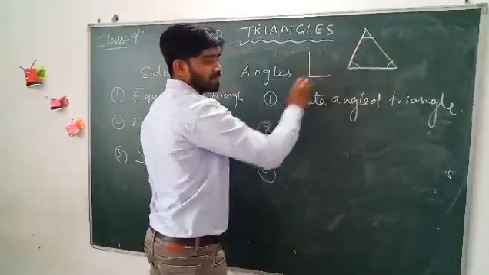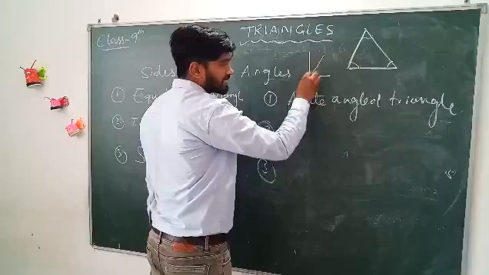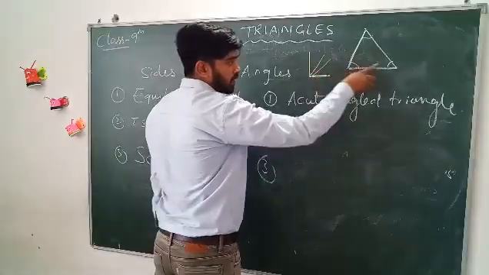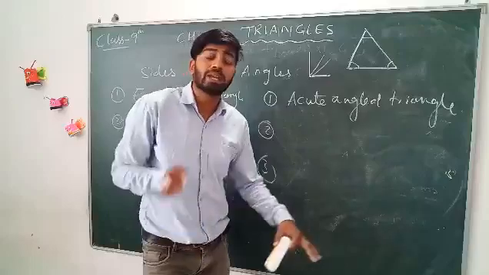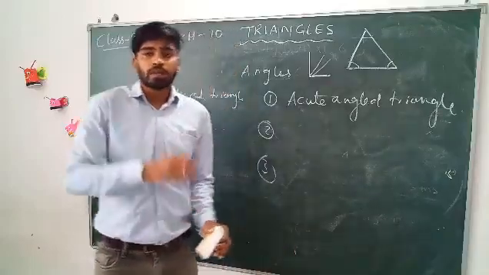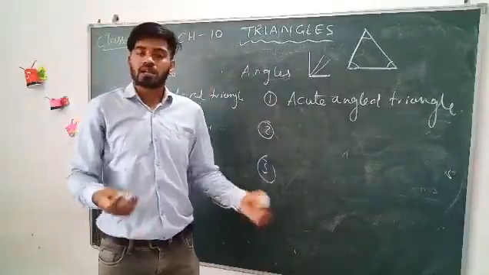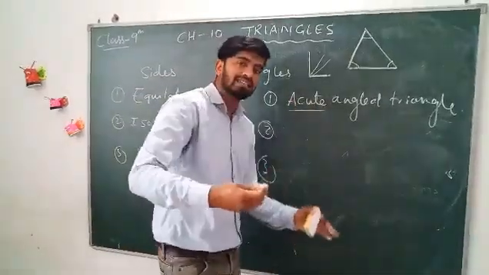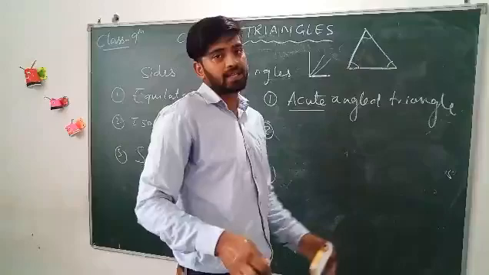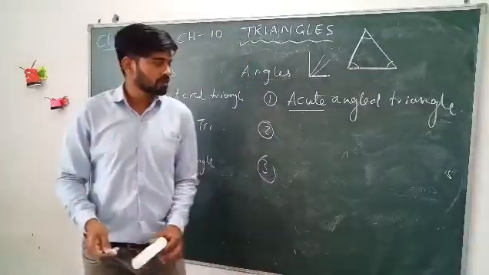You know 90 degrees is this much. If all the angles are less than 90 degrees like this, if you measure all of them, they are all going to be less than 90 degrees. It can be 89 also. Acute means more than 0 and less than 90. That is what acute angle means.